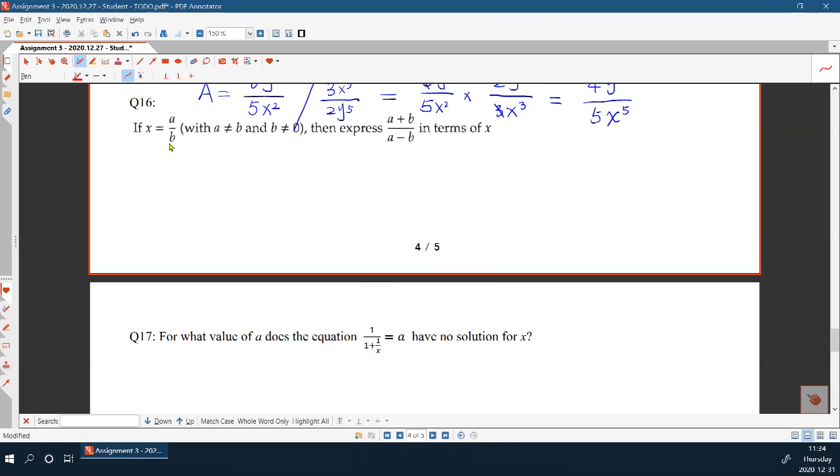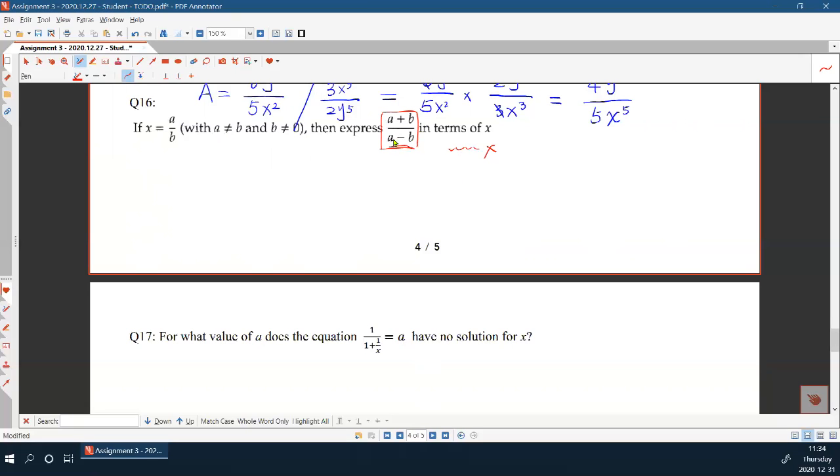If x is a over b, with a not equal to b, and b not equal to 0, then express a plus b over a minus b in terms of x. If you want to express this expression in terms of x, it should be something with x, right?